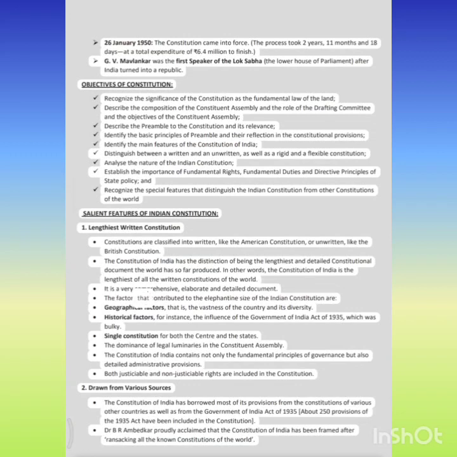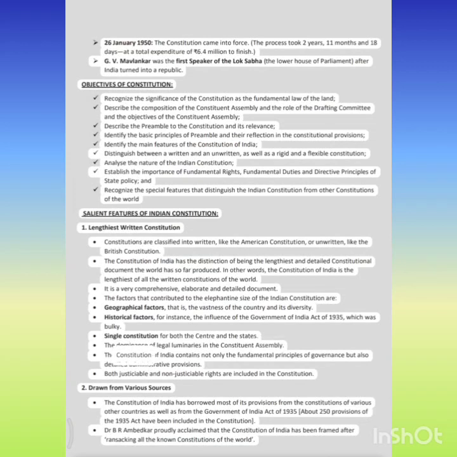The factors that contributed to the elephantine size of the Indian Constitution are: geographical factors, that is, the vastness of the country and its diversity; historical factors, for instance, the influence of the Government of India Act of 1935, which was bulky; a single constitution for both the center and the states; the dominance of legal luminaries in the Constituent Assembly.